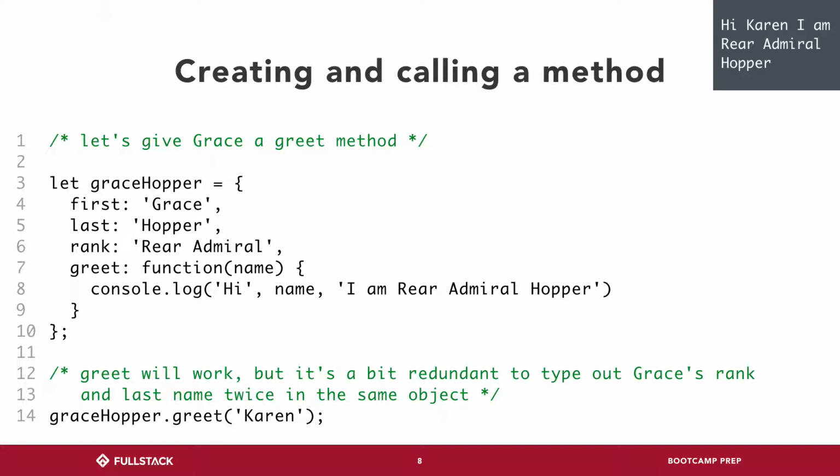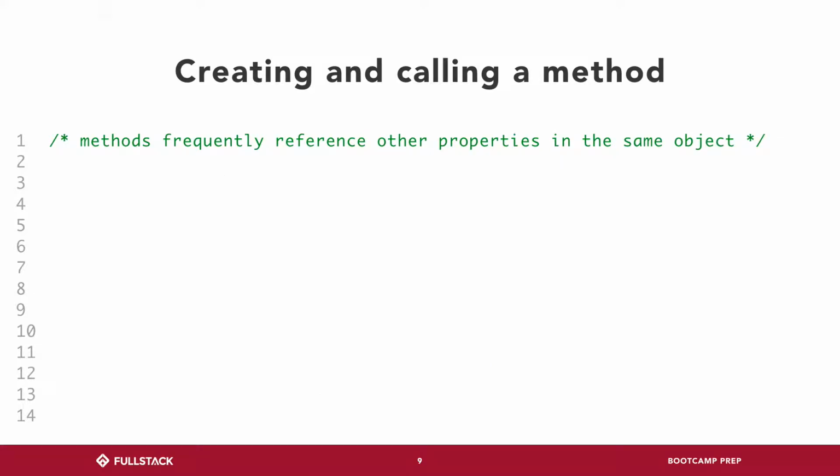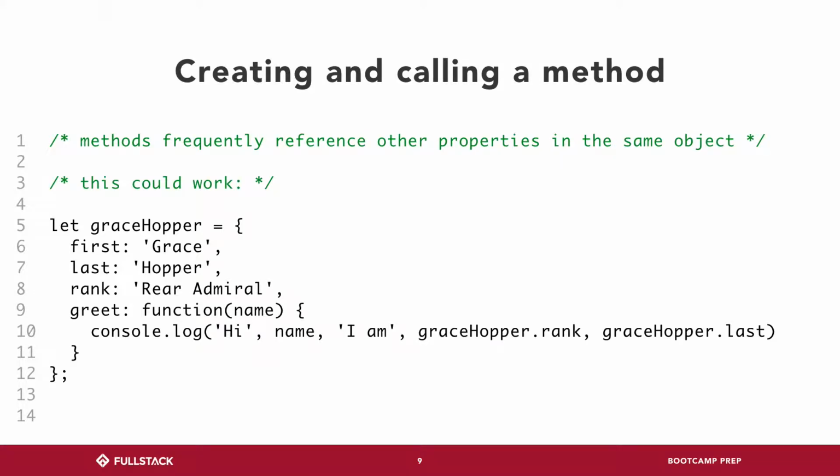It might seem weird to access Grace Hopper within this function, but you can access Grace Hopper, and then use dot notation or bracket notation to access any of these properties within this function. So here's the better way to do it, where it's not repetitive: graceHopper.rank and graceHopper.last.